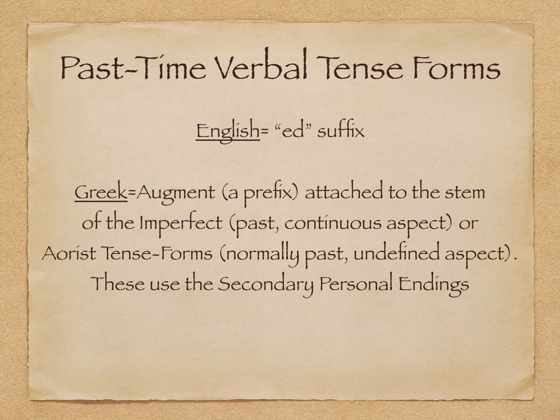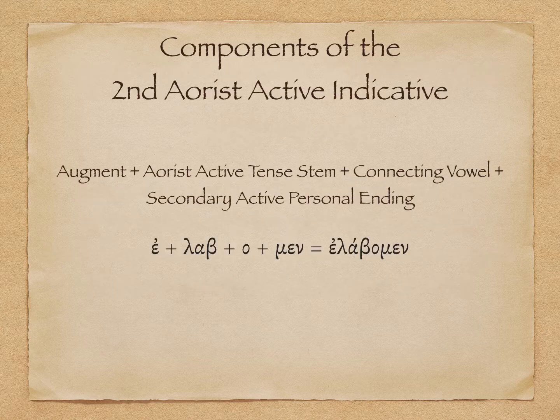It always, though, has an undefined aspect to it. While imperfect is continuous in the past, aorist is normally past, but an undefined aspect. It just happened. It's just basic vanilla. There it is. The action happened. And these both use secondary personal endings because they are generally considered past time.